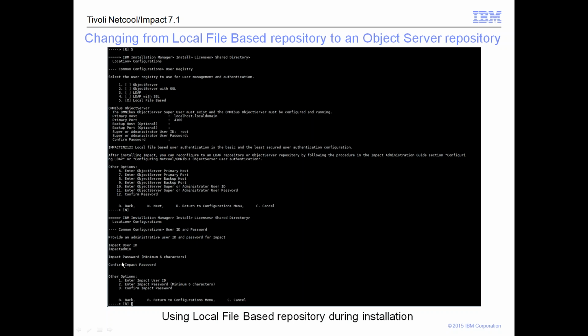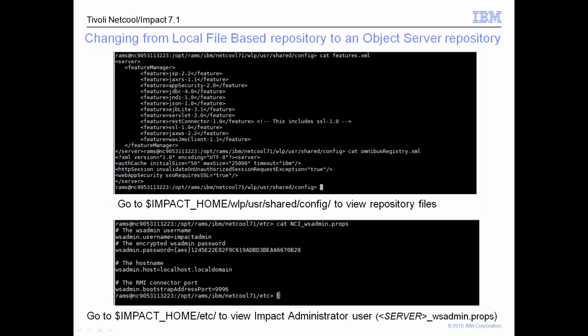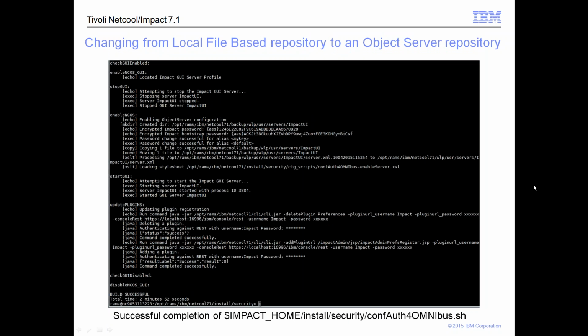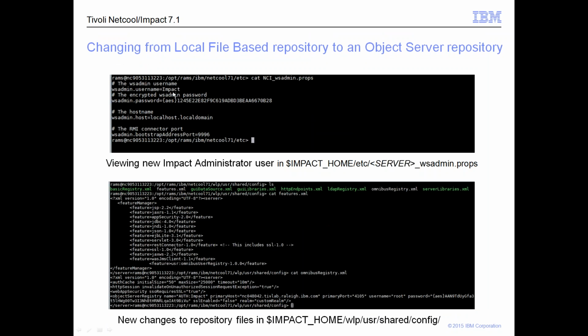This user here is basically going to be the same user that you defined when you set up the impact to use object server repository, and you define your user. So right now the impact user here is a user that exists on the object server.